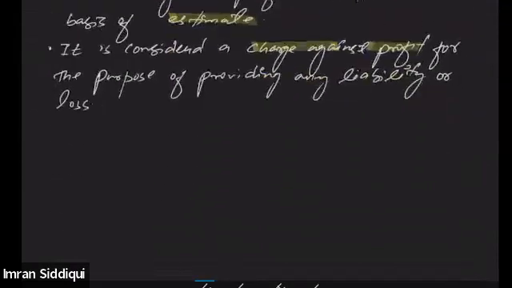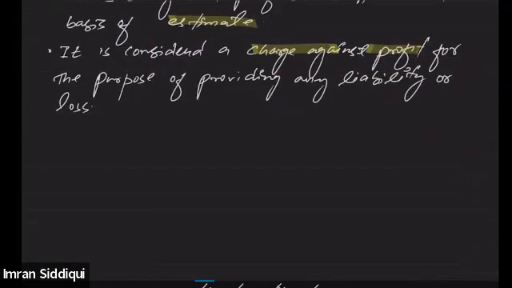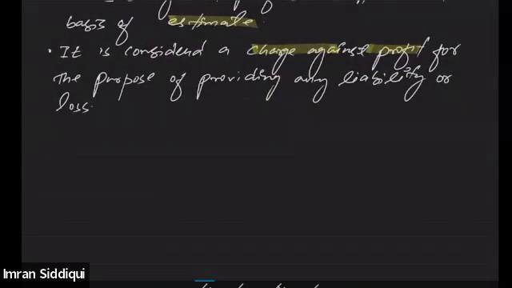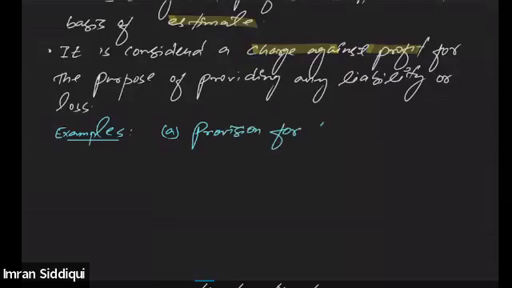Now, if you need to give a few examples regarding the provision, you can write these as the examples. Number one, we make the provision for depreciation, right? Provision for depreciation. Then we have, as I told you, provision for taxes.